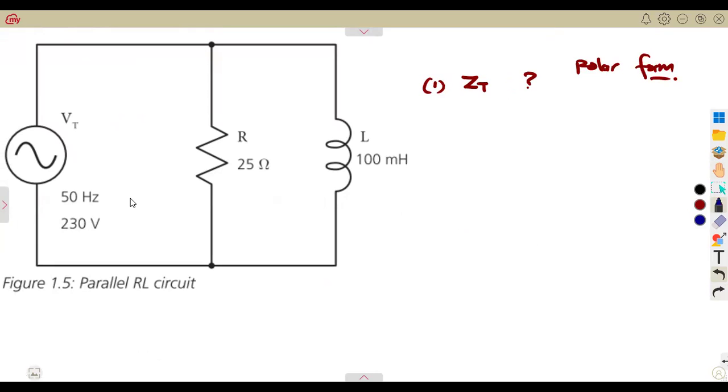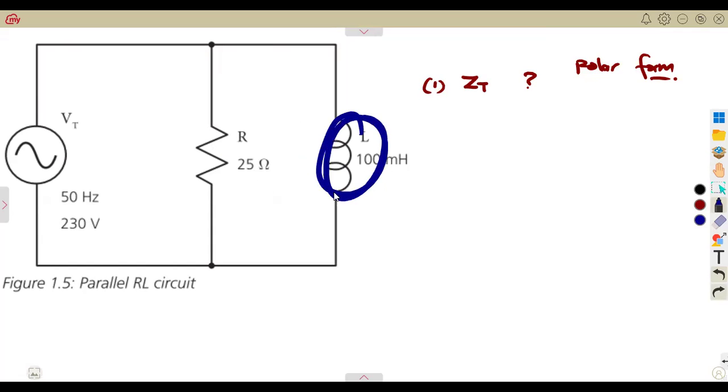All right, we do understand from our formulas, and also you are given this from your formula sheet, guys, that we can calculate the total impedance given the reactances, because this is a parallel circuit. So what we need are the reactances.